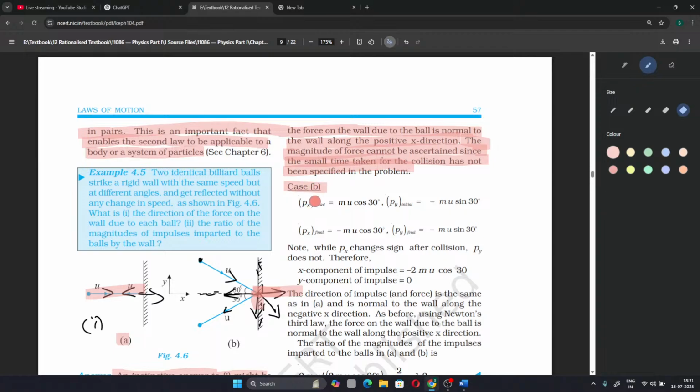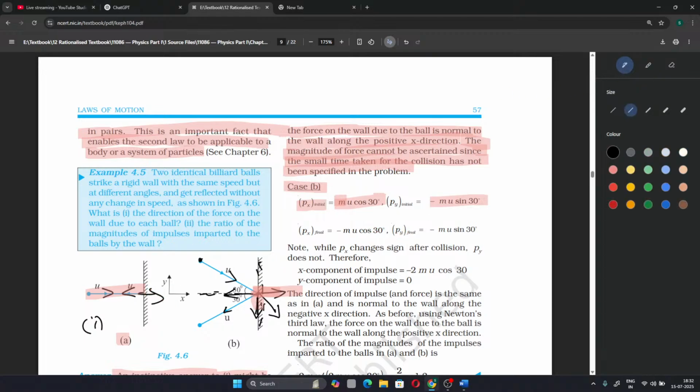Case B here, that is for the second diagram where it is inclined, Px initial is mu cos theta, which is cos 30 degrees, and Py initial is minus u sine theta, because it's acting in the minus y direction, downwards here.